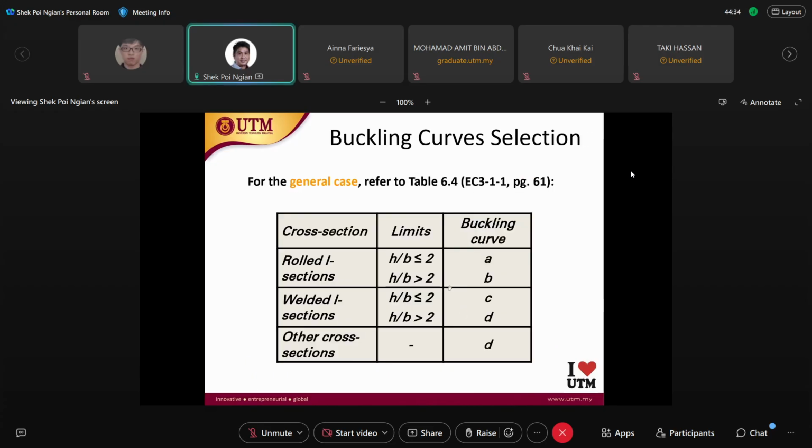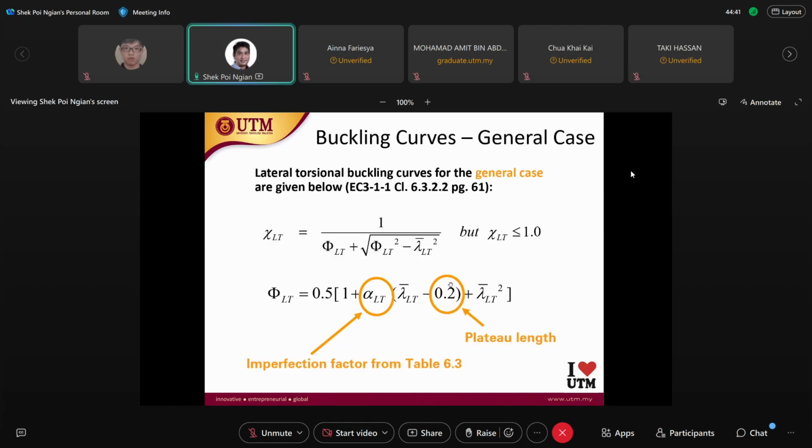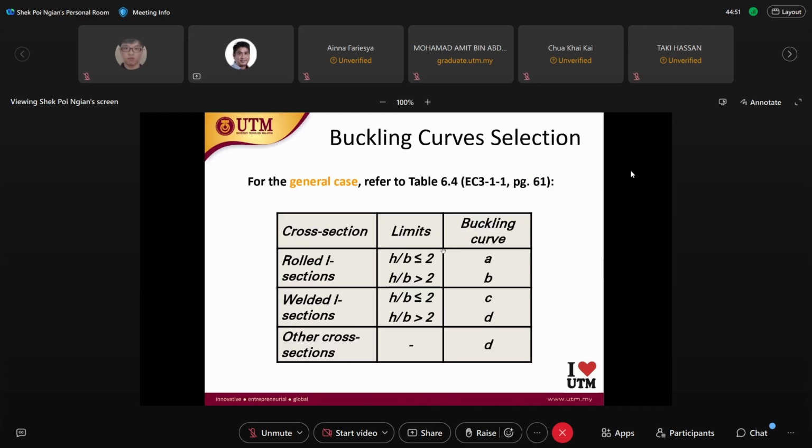And then to get the buckling curve, when do we use the buckling curve? Alpha LT, the imperfection factor, actually comes from the buckling curve.